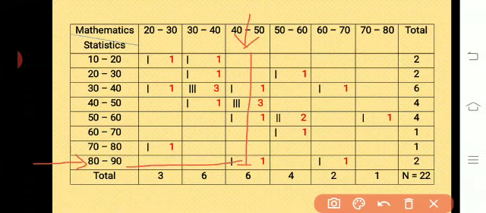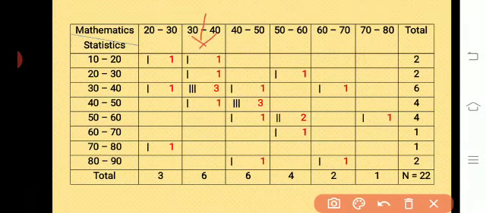Similarly, we have roll number 9. Marks in mathematics are 35, so 35 will come in the class interval 30 to 40, and marks in statistics are 33, which will come in the class interval 30 to 40. So the intersection of these two will be here.